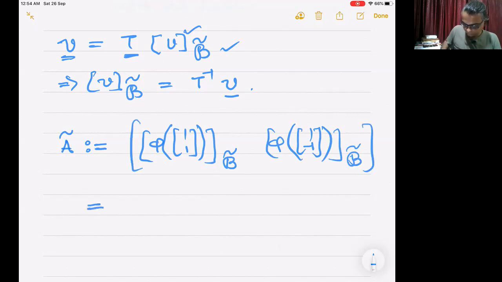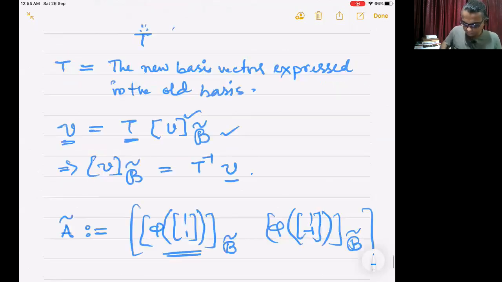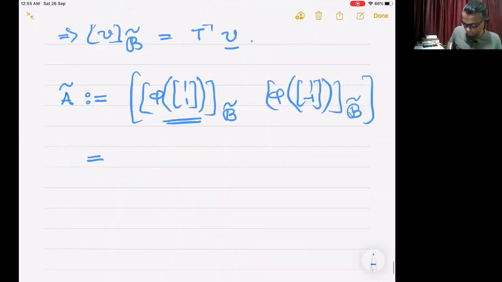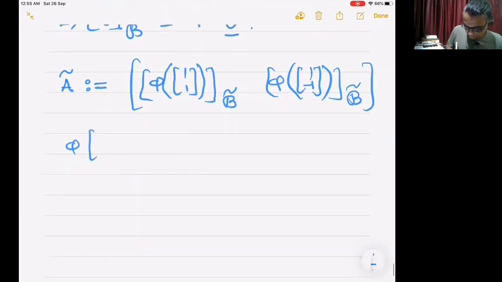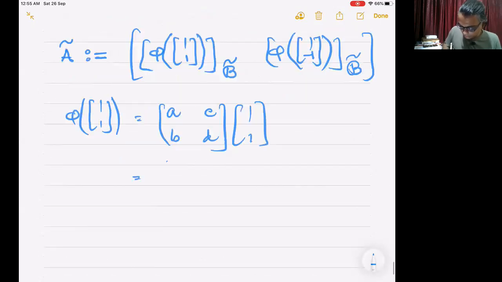Now, how do I get this? I know phi(1,1). Phi acting on (1,1) is the matrix [A B; C D] multiplying (1,1), which is (A plus C, B plus D) in the old basis.